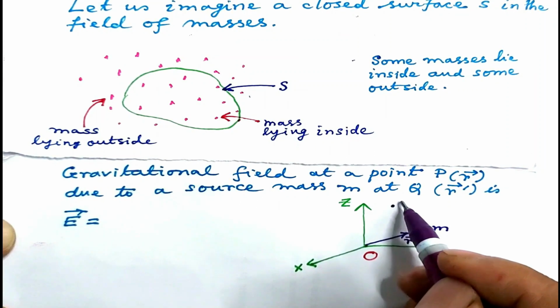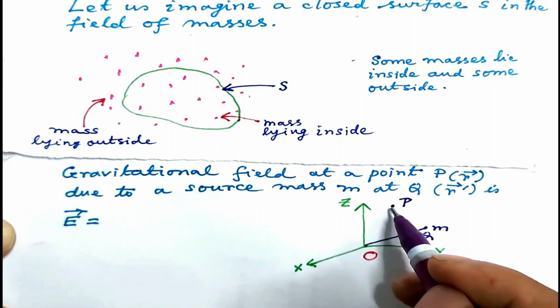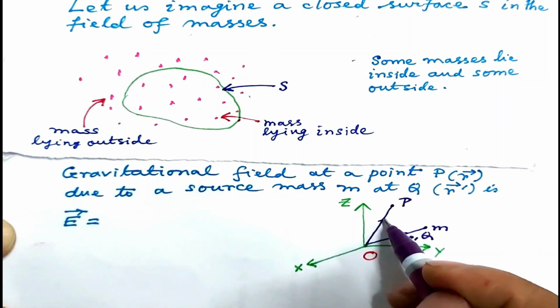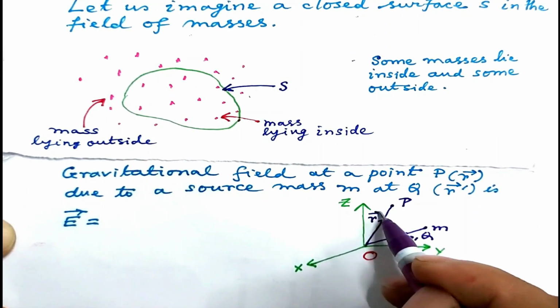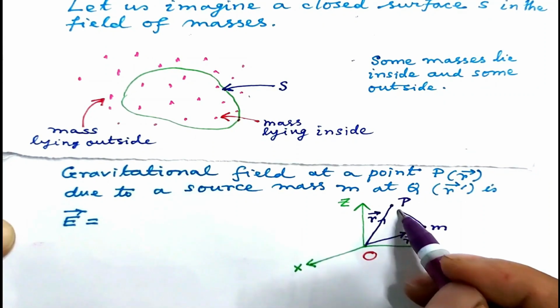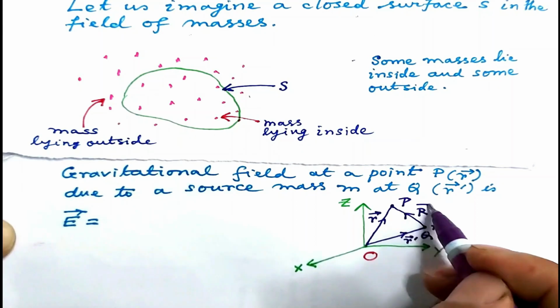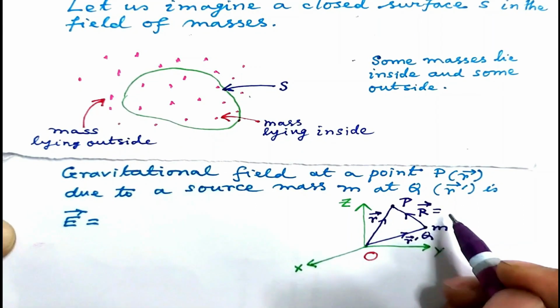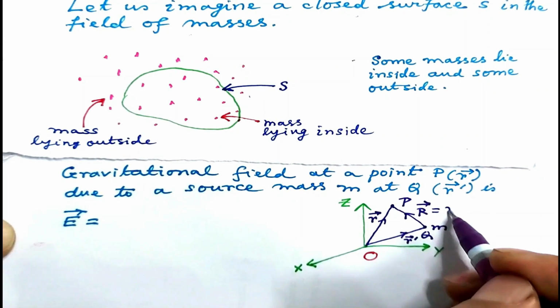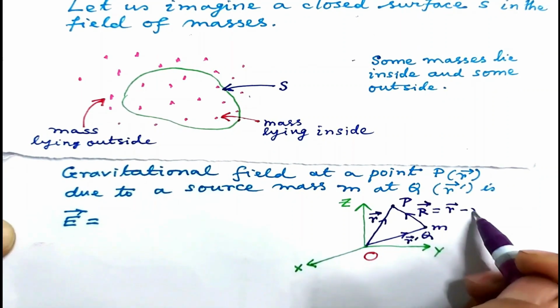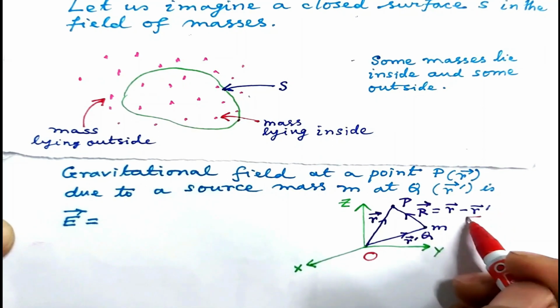Consider another point. Call it P. This is its position vector. Call it vector r. Join Q to P and define this vector. Call it vector capital R. And by the triangle law of vector addition, vector capital R is vector small r minus vector small r prime.